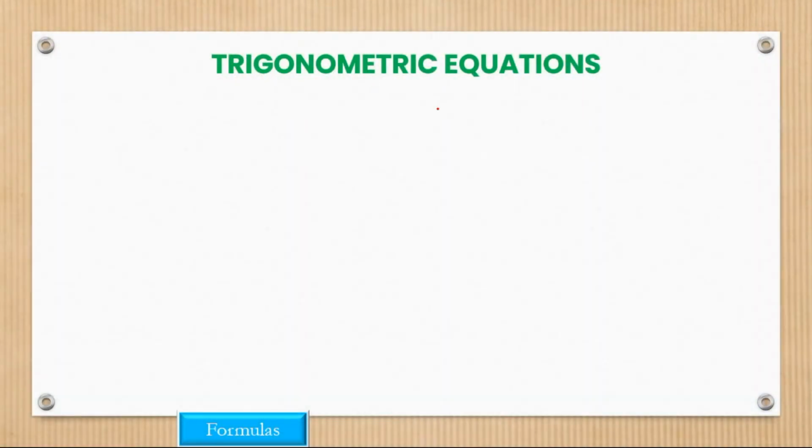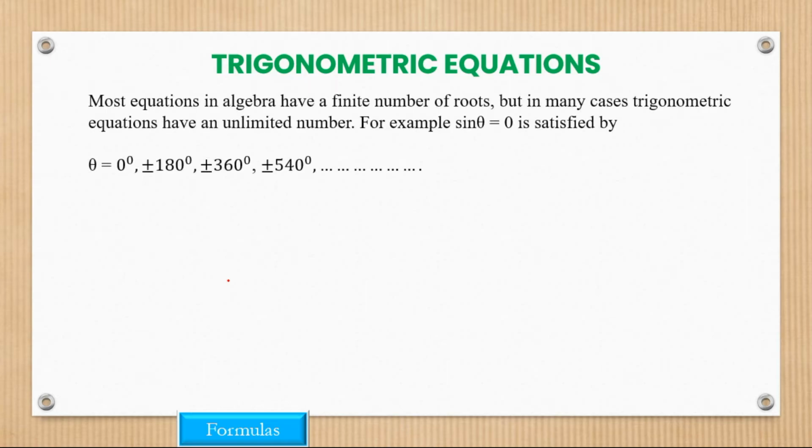Alright, so next, today we're going to be covering trigonometric equations. Now, most equations in algebra have a finite number of roots. You can have an equation like x plus 2 is equal to 3, which will always give you one answer of x.